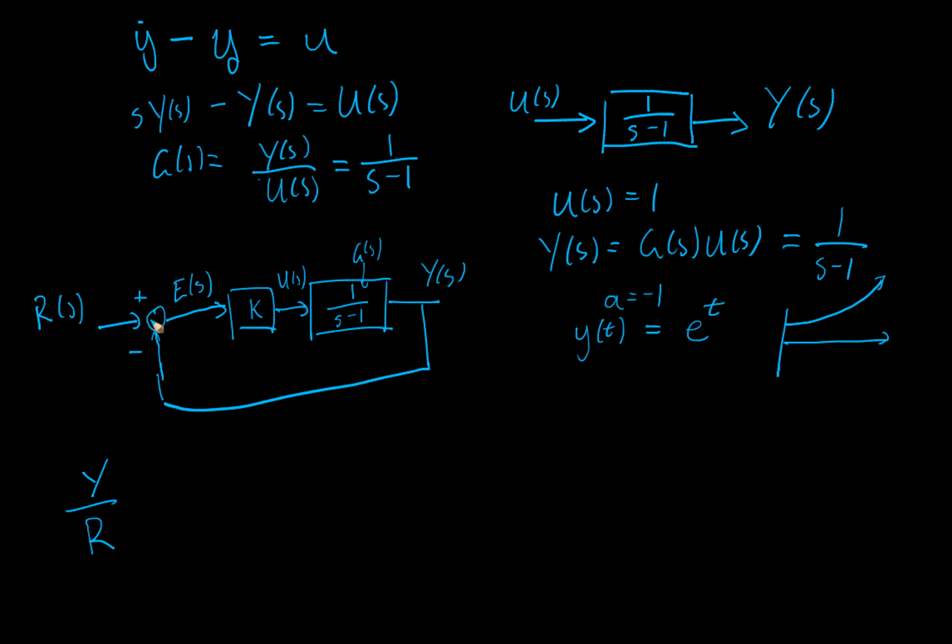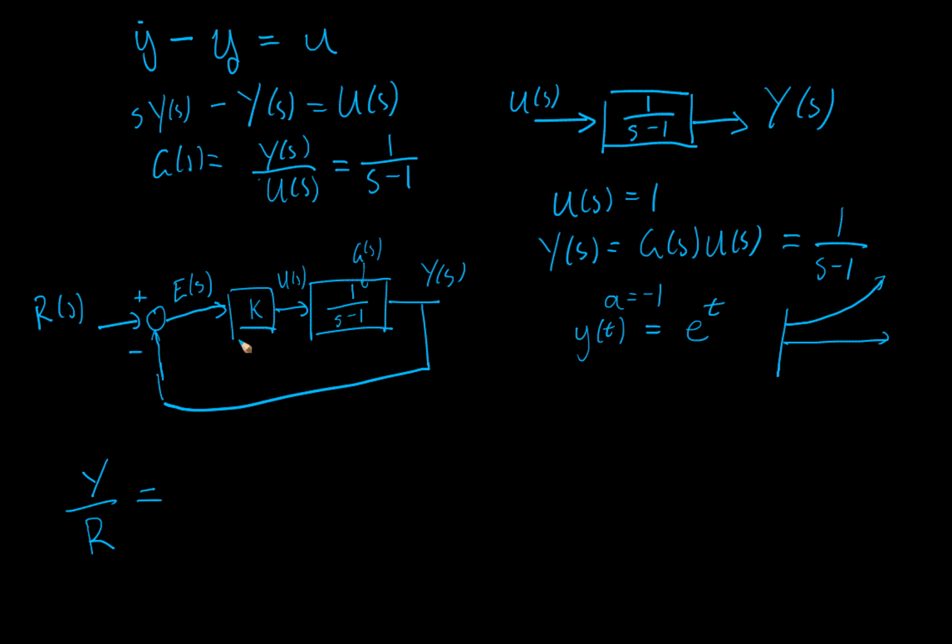So the forward path is anything if you look from r to y, and you just trace all the arrows until you first hit y, without going through the feedback loop. That's the forward path. And then if you look at what happens in the feedback loop, that's the complete loop path, so that's the forward path times the reverse path.